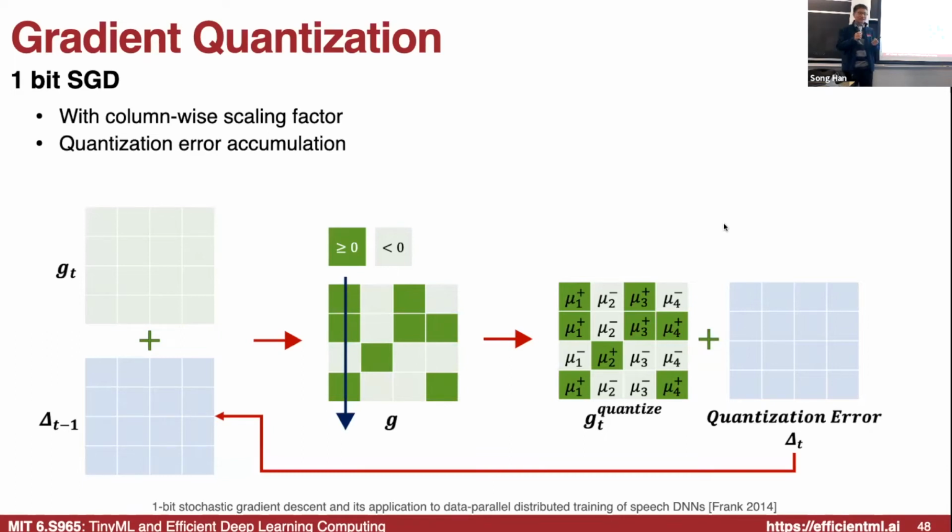But that's not exactly one bit, since we have a column-wise scaling factor. For each column, we compare whether a gradient is larger than 0 or smaller than 0. So this is larger than 0, this is smaller than 0, so this is +1, this is -1, and so on. If we just put 1 and -1, that is actually not enough. So we have a column-wise scaling factor.